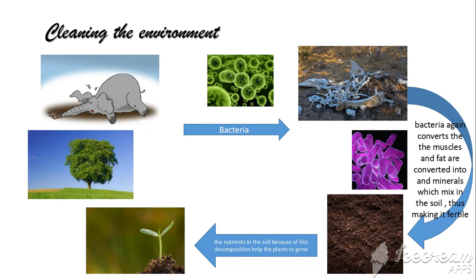The soil is then fertile because additional nutrients are added, and this decomposition helps new life of plants. Plants in turn obviously grow into large trees or small shrubs. So that's how bacteria plays the important role of decomposing and hence cleaning the environment.